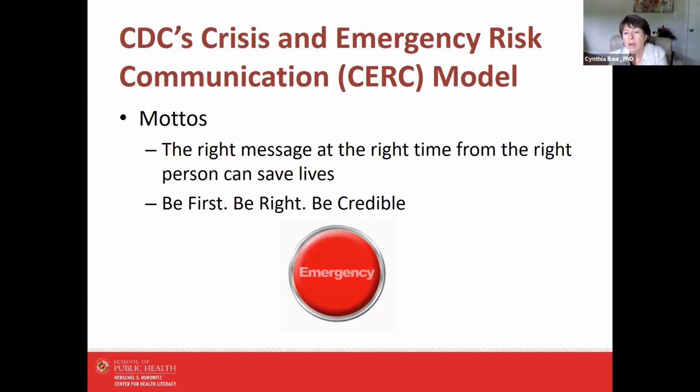We know from prior experience, the longer we wait, the more concerned people can get, the more they start to fill in with information that they might already have, which may or may not be accurate, or they may be getting from very untrustworthy sources.